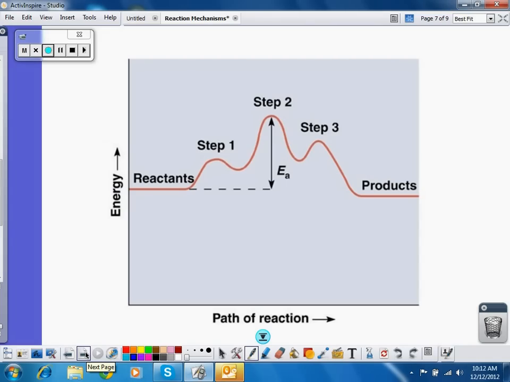So let's take a look at what an energy diagram looks like when we start thinking about multiple steps. Typically, the energy diagrams you're used to seeing just have one hill. And that one hill, the peak where the activated complex is, corresponds to the energy of the slowest step, because the step that has the highest activation energy is going to be the slow step of the mechanism.